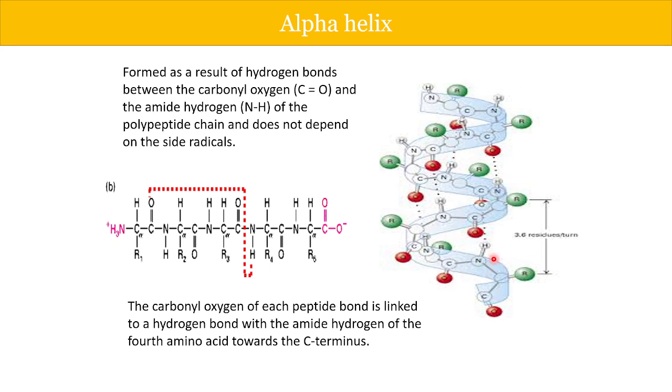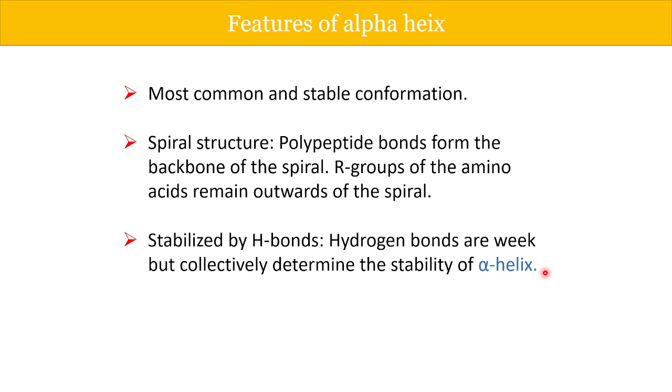The folding of this coil is basically 3.6 residues, because there are 10 atoms accommodated over here, so 36 atoms can be accommodated. So that's 3.6 residues occurring per turn. So the pitch of an alpha helix is 3.6 residues per turn.